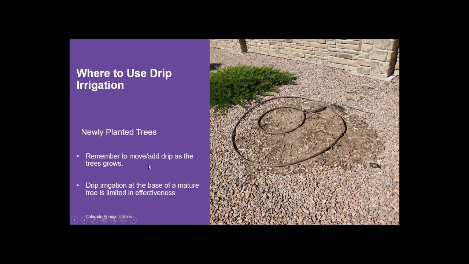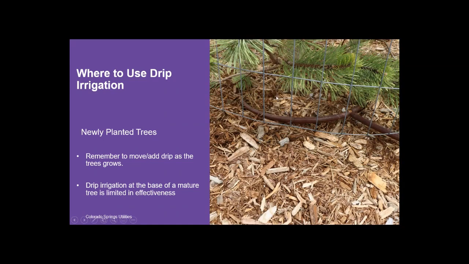It's extremely important to remember to move or add additional drip as the tree grows. So again, at a new planting, it's nice to have that drip irrigation right at the base of the root ball. But as that tree grows and expands, it's important to add additional rings or remove that initial ring from the initial planting and expand that drip irrigation as that tree establishes and as those roots start to expand.